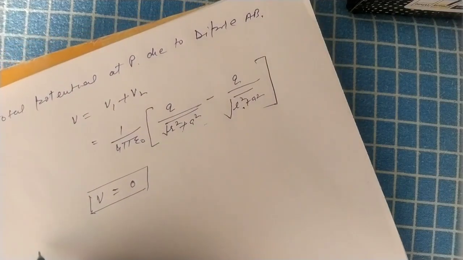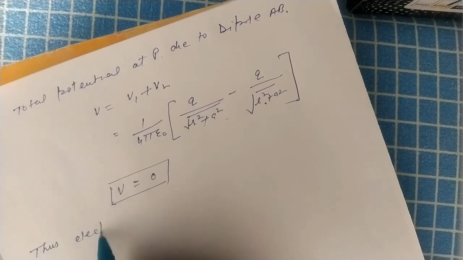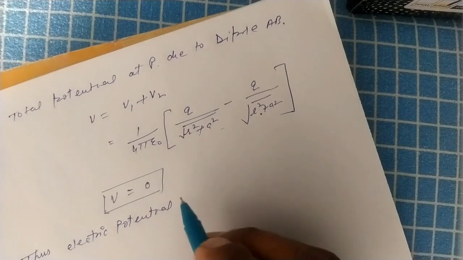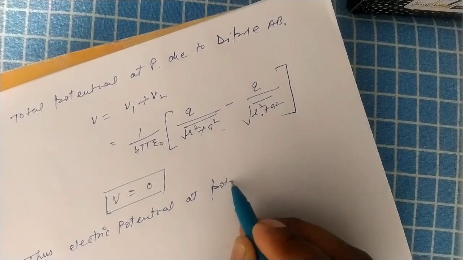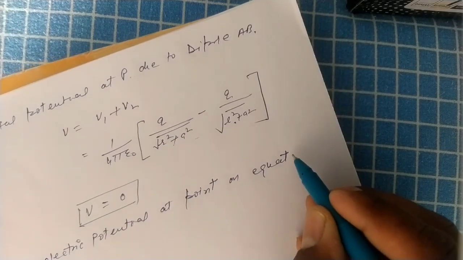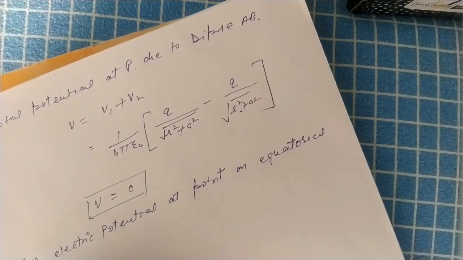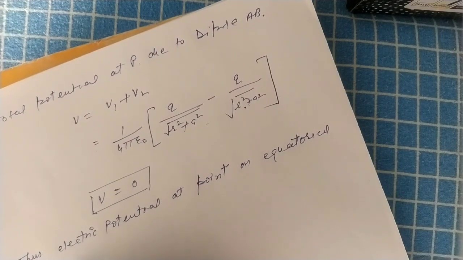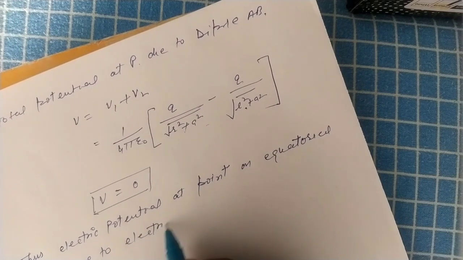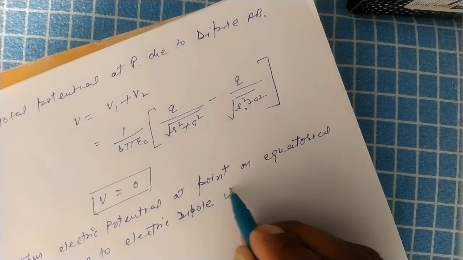Thus, the electric potential at a point on the equatorial line due to an electric dipole is 0.